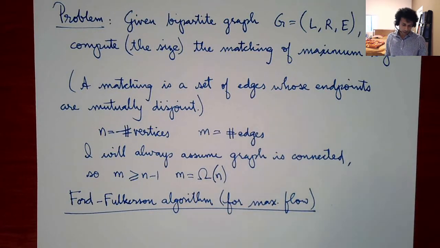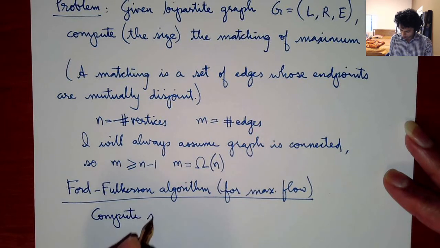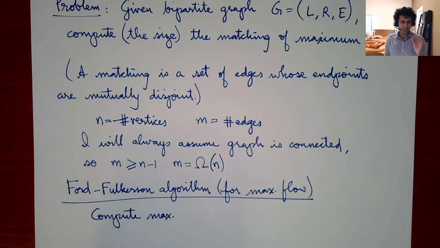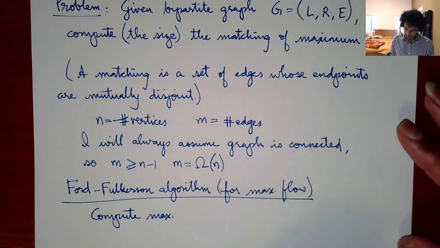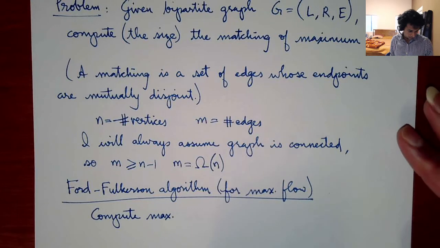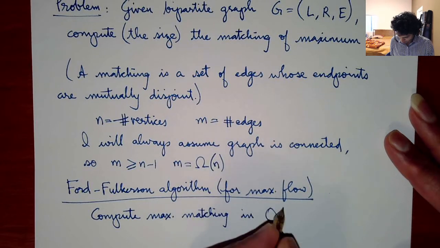So the Ford-Fulkerson algorithm can compute a max matching. And when I say max, I mean a maximum matching, not a maximal matching. A maximum matching is the matching of maximum cardinality. So you can compute a maximum matching in O of mn time.